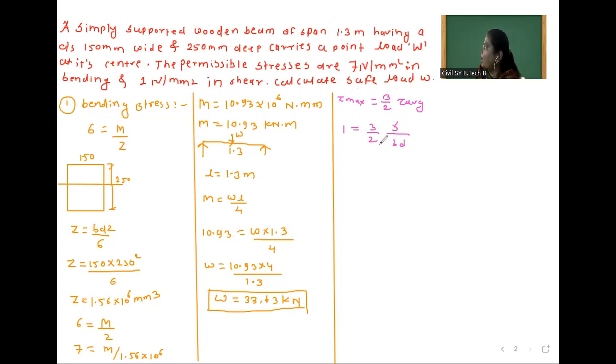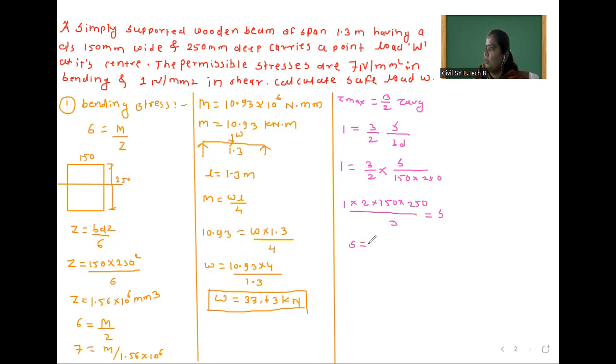Width is 150 and depth is 250. So from this we will calculate S. S is equal to 1 into 2 into 150 into 250 divided by 3.